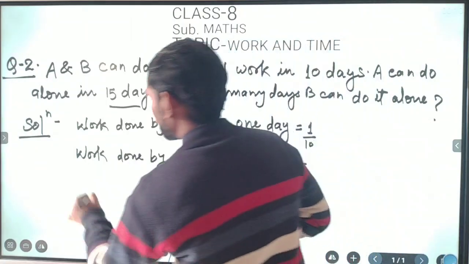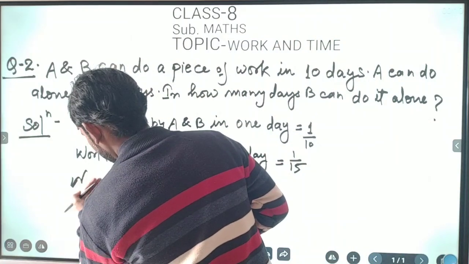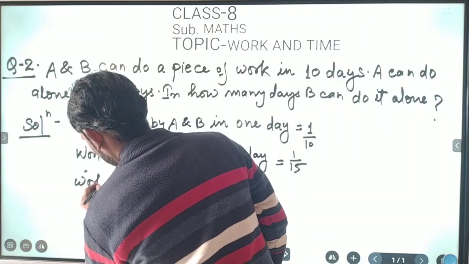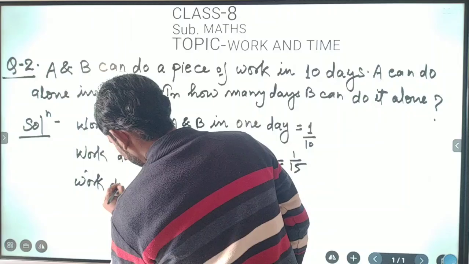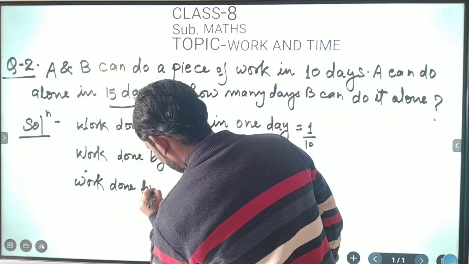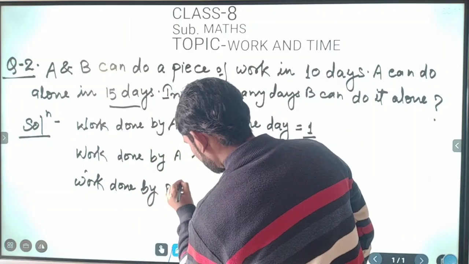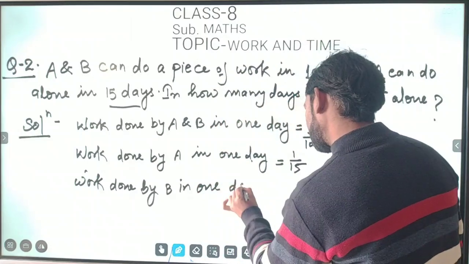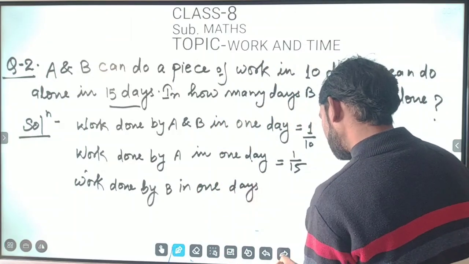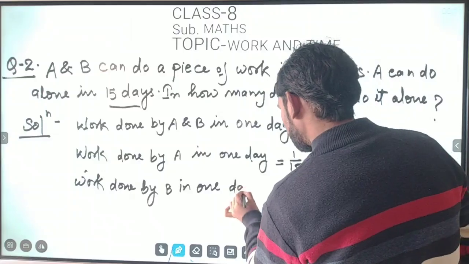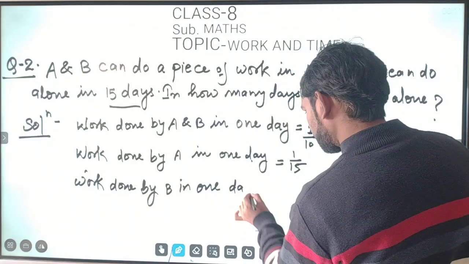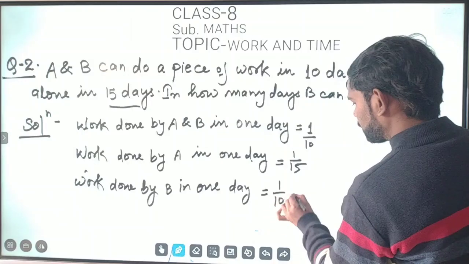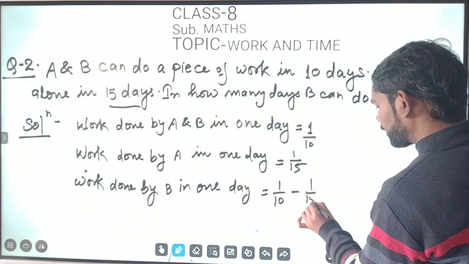So the work done by B in 1 day is equal to 1 by 10 minus 1 by 15.